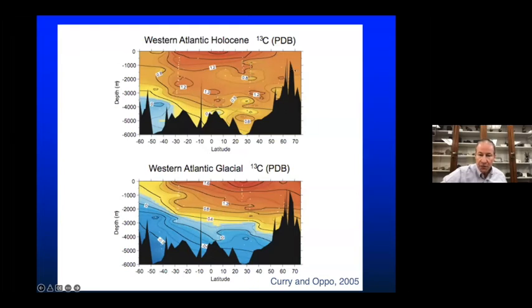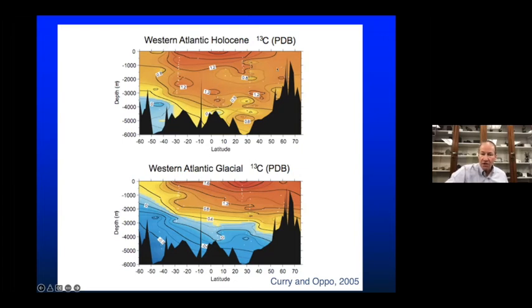Here's a view, the top panel, of carbon isotopes in the modern Atlantic. To guide your eye here, the left axis is water depth, the bottom is latitude. So on the right is the high northern latitude Atlantic. On the left is the high southern latitude, and the equator is here in the middle.